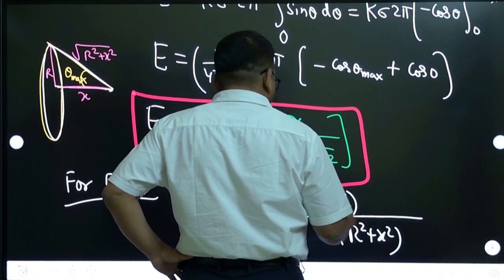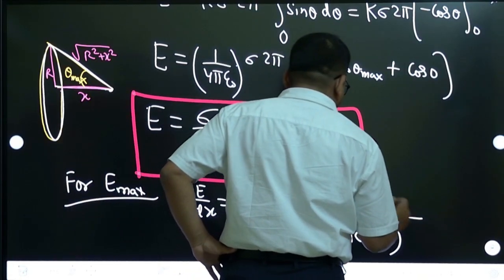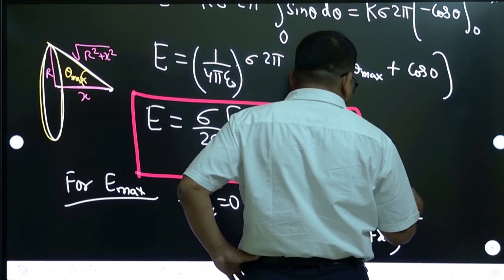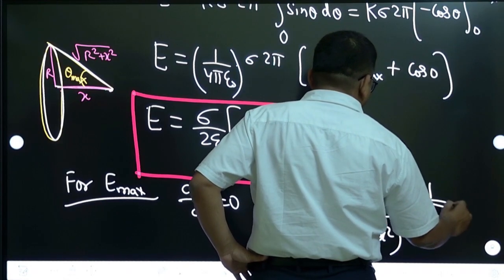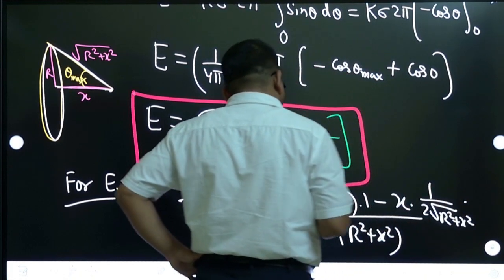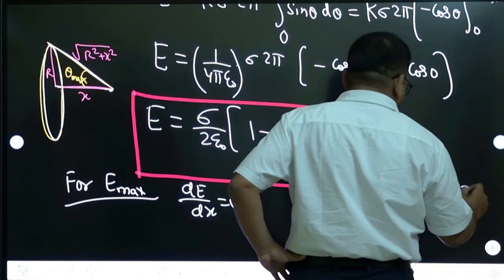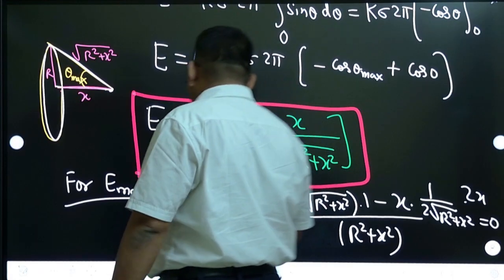Then differentiate x 1 minus, leave x, differentiate this, root means 1 by 2 root, chain rule, and then differentiation of this become 2x, and this has to be equal to 0. So let us solve it.